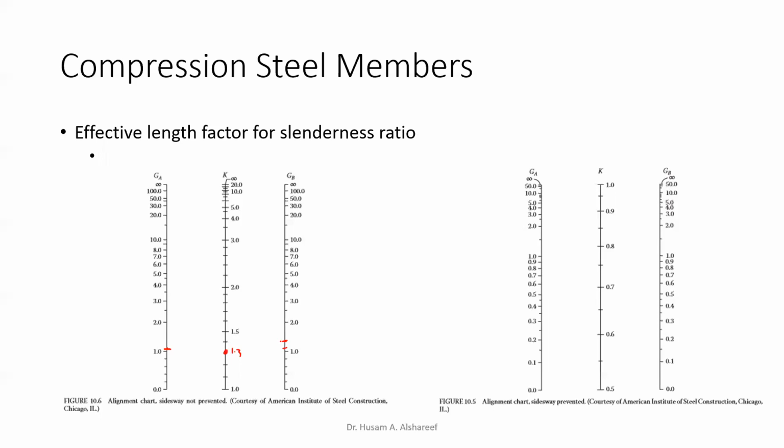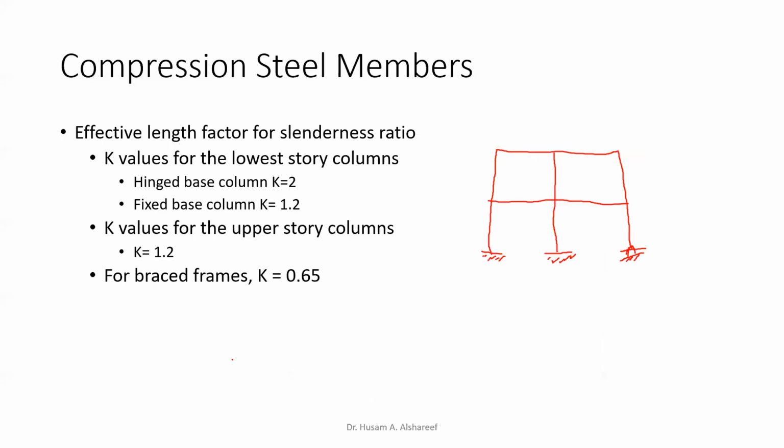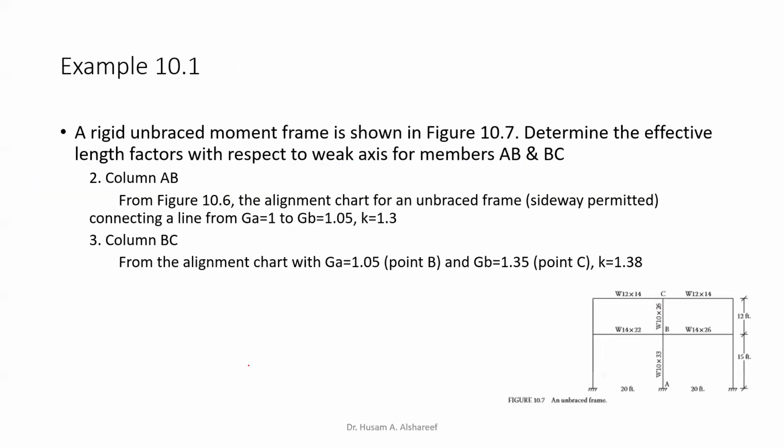Then if I connect this with this, if this is 1.3, then this should be 1.38. It's something close, right? Then K for this column is 1.38. And by this, we found the K value, the effective length factor, for this column and this column.